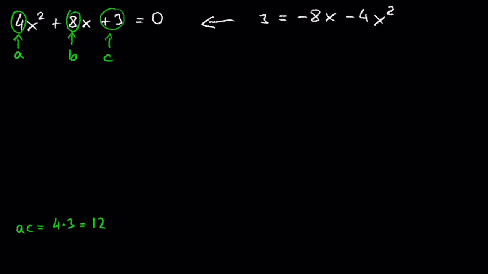The second step is to write the 12 with two factors. So we have 1 times 12, or 2 times 6, or 3 times 4. Now, the third step is to ask how can we write the b, which is 8 in our example, as a sum of one pair of these factors.